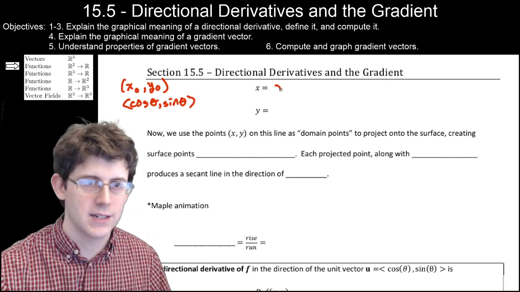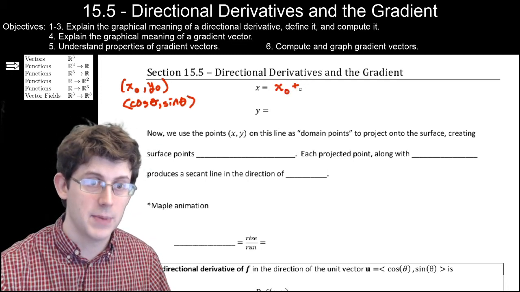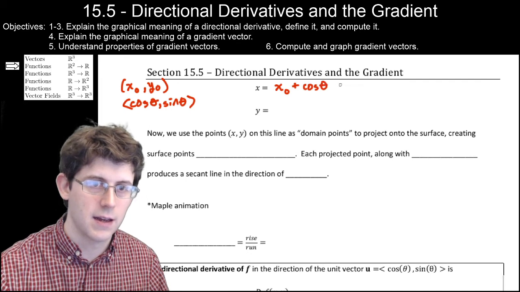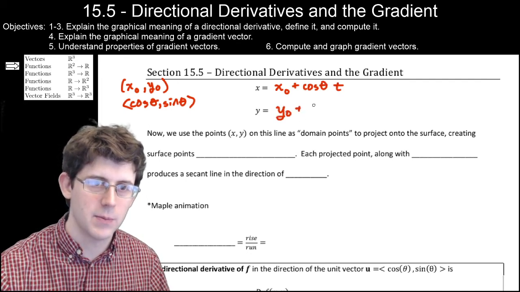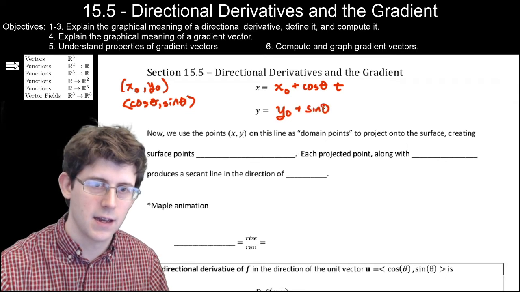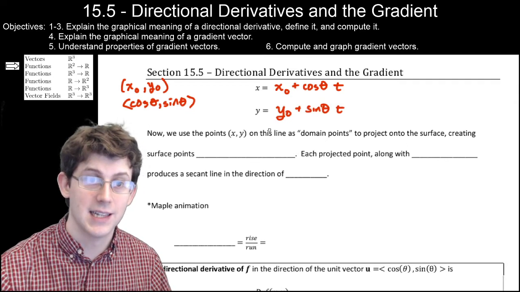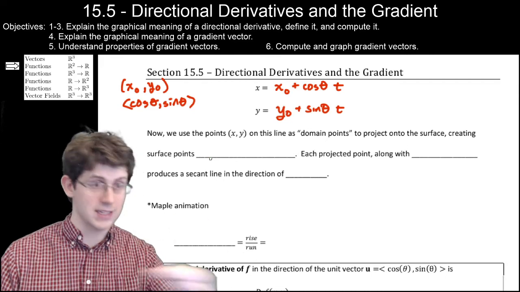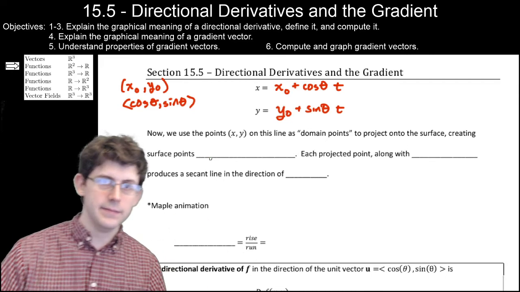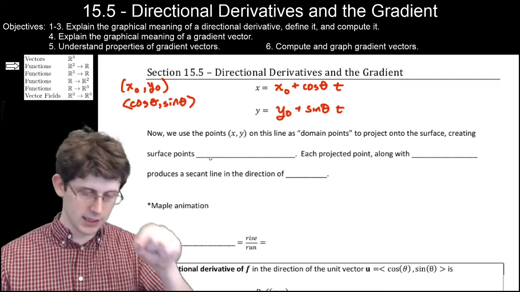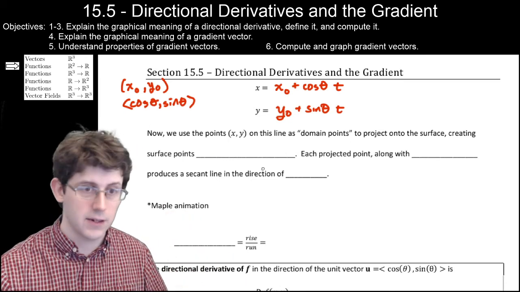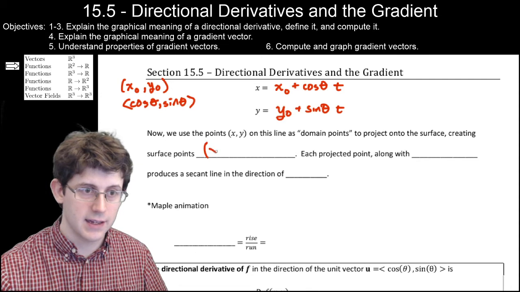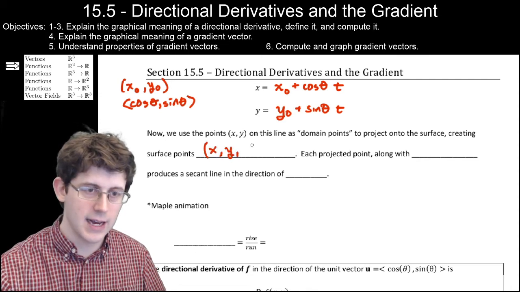So x starts at x0 and goes up at a rate of cosine theta. And y starts at y0 and goes up at a rate of sine theta. This is a line in the xy plane that goes through x0, y0. Okay, now we'll just look at the part of the surface that's up above that line. So all of the points will still look like x, y, f of xy.